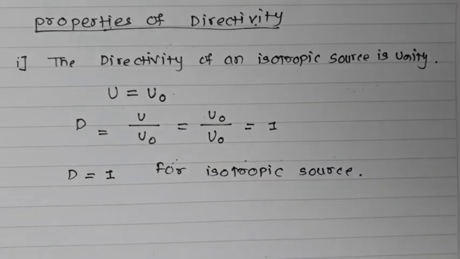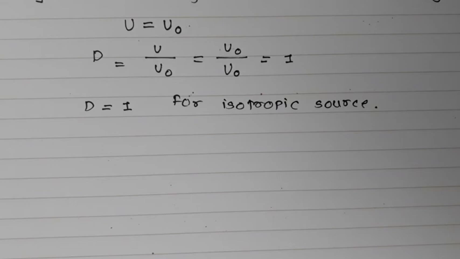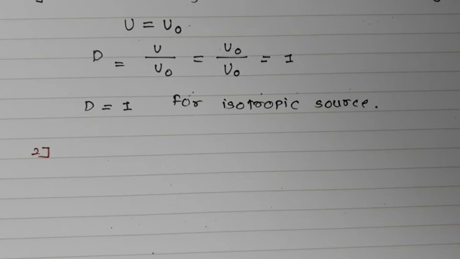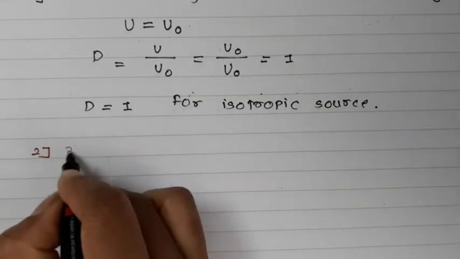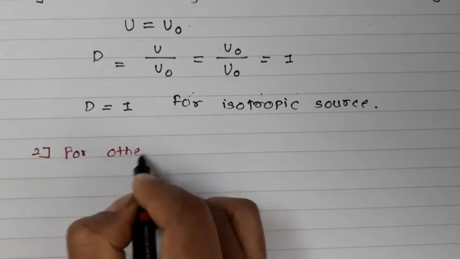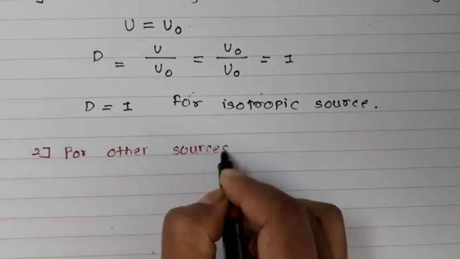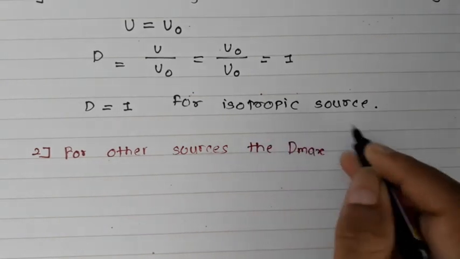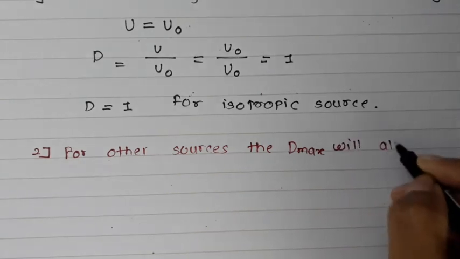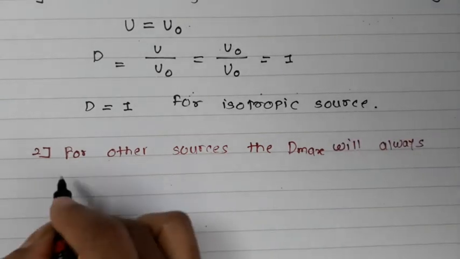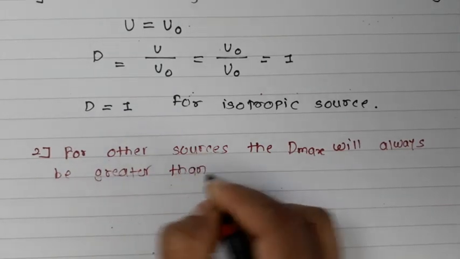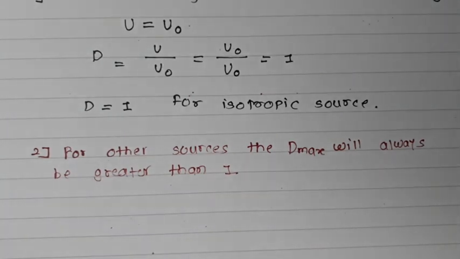Now when my source is not an isotropic source, how can I find out the directivity? The second property says that for other sources the maximum directivity will always be greater than 1. Why?